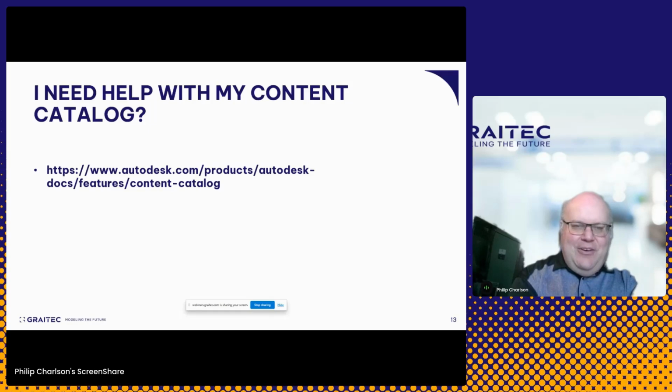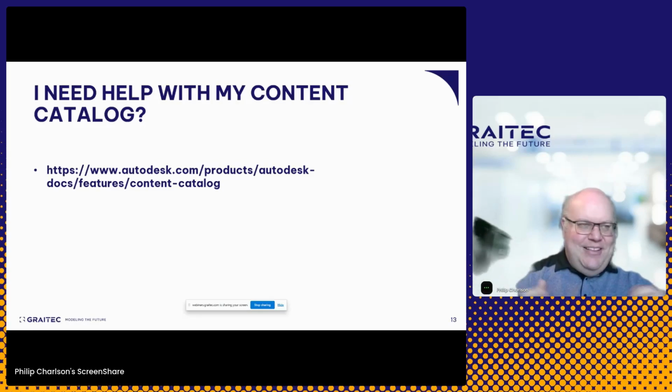But you'll find out when you are setting up your content catalog, it's a good way to look at what you currently have for content. When you start pushing your existing content into the content catalog, you might start to notice, hey, why is it being categorized as a generic model? I thought that was mechanical equipment. Well, when it pushes that information, it's only taking the information that it was given, and if it was assigned generic model, it's going to put it within that category.